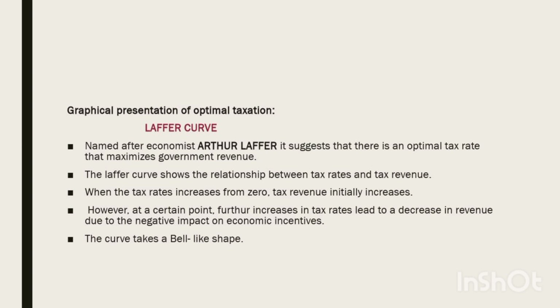When the tax rate increases from zero, tax revenue initially increases. However, at a certain point, further increase in tax rates leads to a decrease in revenue due to the negative impact on economic incentives. The curve takes a bell shape.